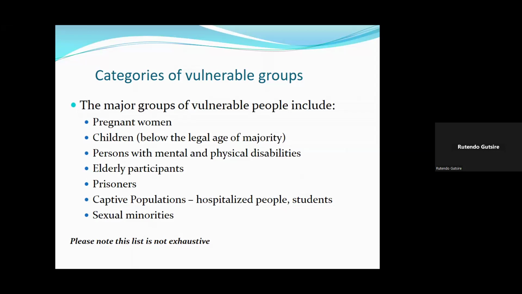At MRCZ, we got a protocol that wanted to determine the number of people in Zimbabwe who have same-sex relationships. So that was a study classified as involving sexual minorities. So it had to go through the ethics committee for clearance, also the ministry for clearance.